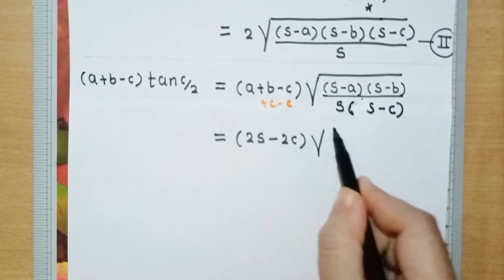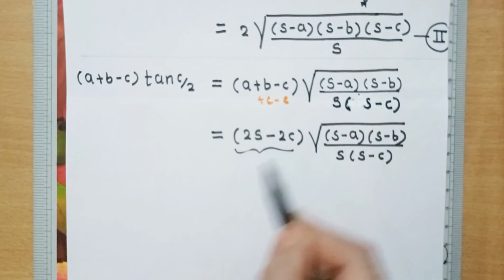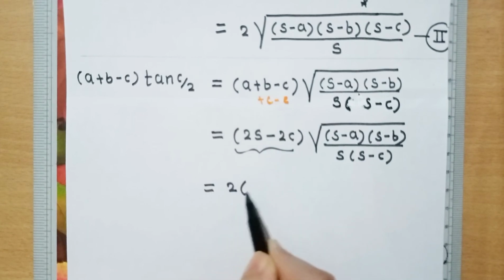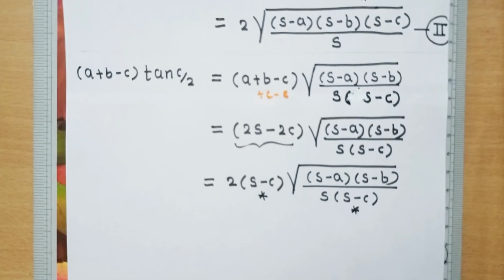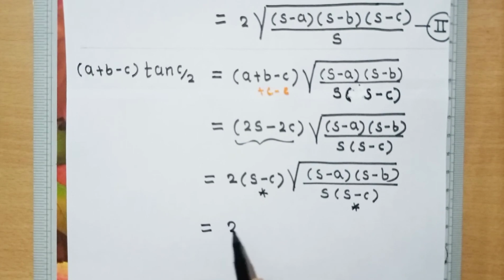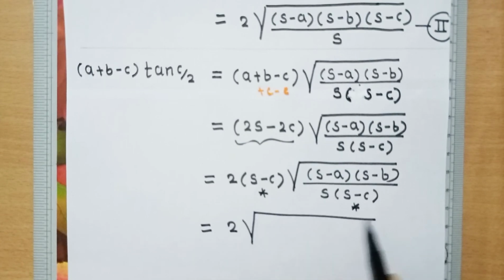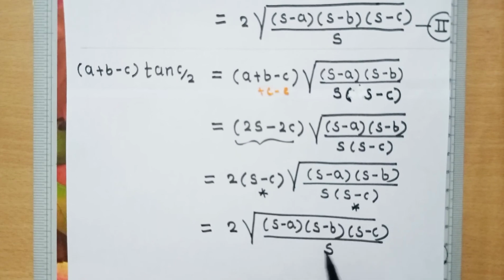This is same as it is, and again we will take 2 common, and so 2S minus C, and again one root from S minus C, and this root get cancelled, and so we have the final answer, which is S minus A, S minus B, S minus C upon S. Say this is the third one.